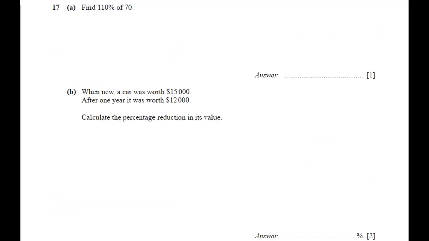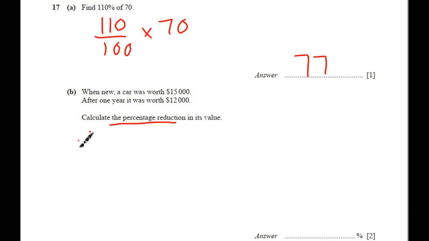Question number 17. Find 110% of 70. So simply 110 over 100 times 70, which gives us 77. Calculate the percentage reduction in its value. Percentage reduction is reduced price over original price into 100.